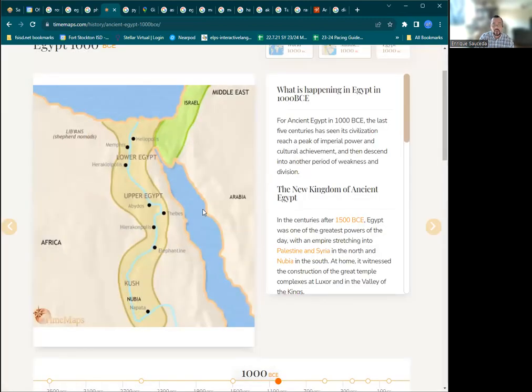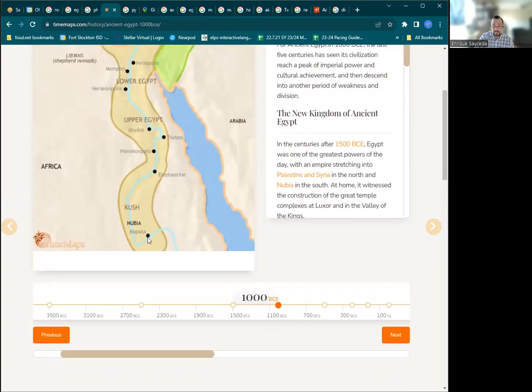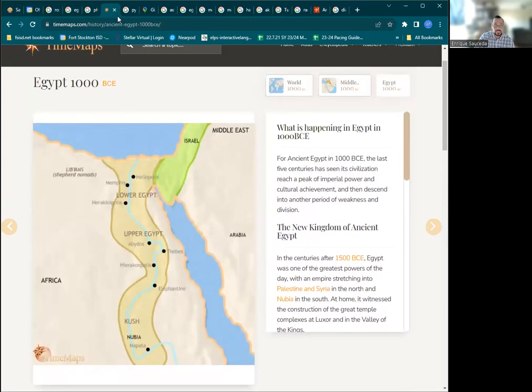The New Kingdom will then consolidate itself and move its way further south in the Nile. We start from about 3000 BC, and the Egyptian pharaohs end about 100 AD or CE. So over 3,000 years of Egyptian history.